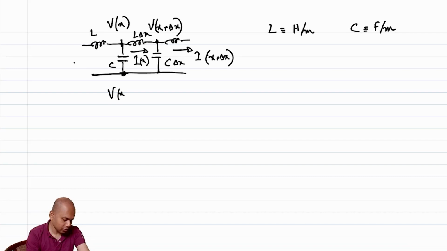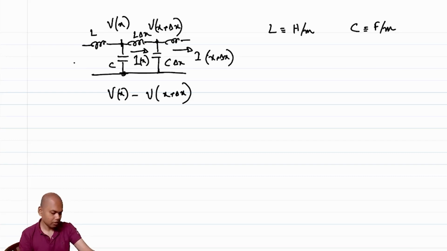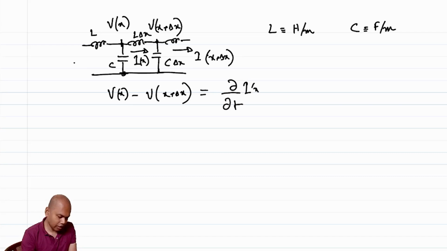So let's start with V of x and V of x plus del x, which essentially means that V of x minus V of x plus del x, that is the voltage drop across the inductor, should be equal to del t of the current flowing through it, I of x, times the inductance. The inductance is L times del x.